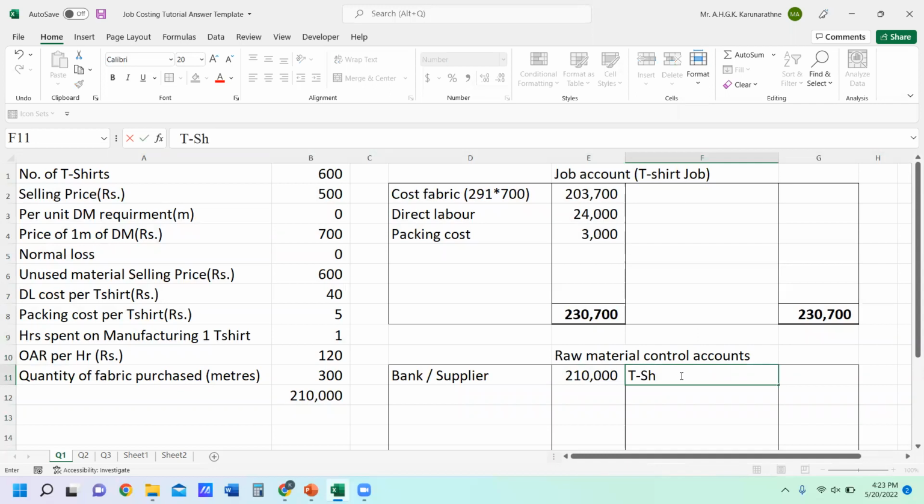We issue 291 meters of raw material to the t-shirt job account at 700. So the raw material control account is credited with 291 meters of fabric at a rate of 700 rupees.